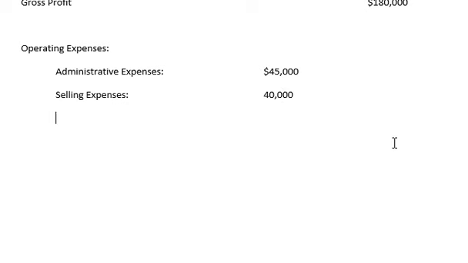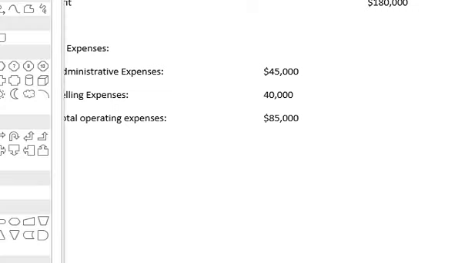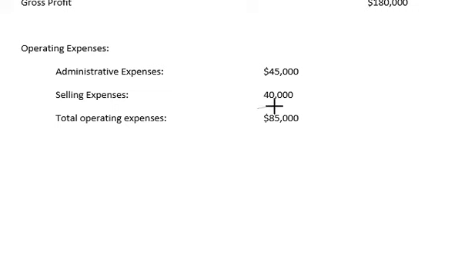Later we write total operating expense. We sum the two numbers and you get 85,000. And we put the cross line in here.